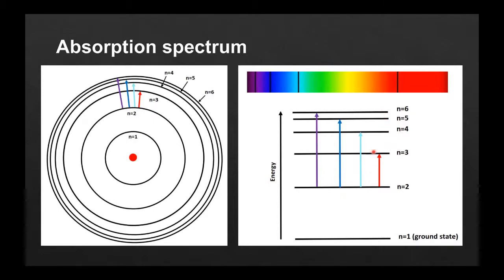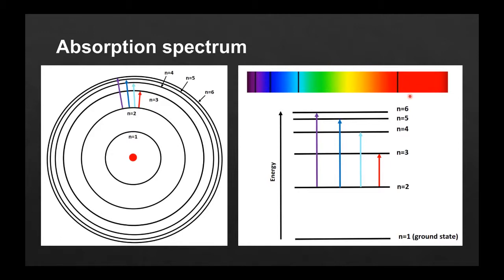So if we start with this red arrow here, the electron has transitioned from the n equals 2 to the n equals 3 energy level, and the energy that the electron has absorbed corresponds to the wavelength of red light. Next we'll have a look at this blue arrow here. The electron has transitioned from the n equals 2 to the n equals 5 energy level, and the energy that the electron has absorbed corresponds to the wavelength of blue light.